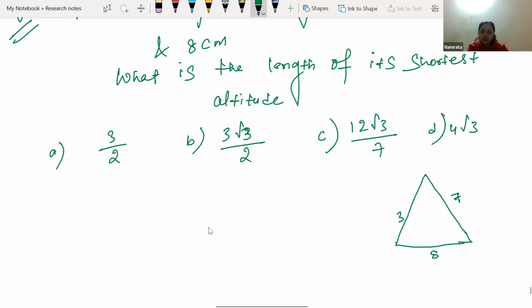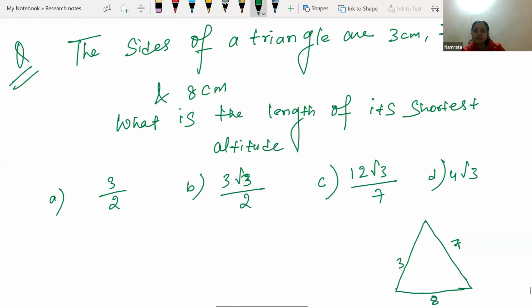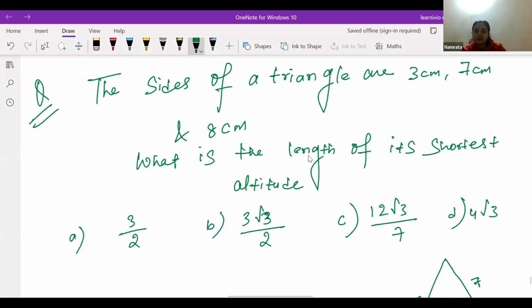Now we will be able to find the area of this triangle by using the concept of Heron's formula, right? Yes, ma'am. Please use that formula and find the area. Everyone, please do it. Take 5 minutes and find the area of the triangle by using Heron's formula. First, find the area. I'll be showing you how we'll get the altitude.